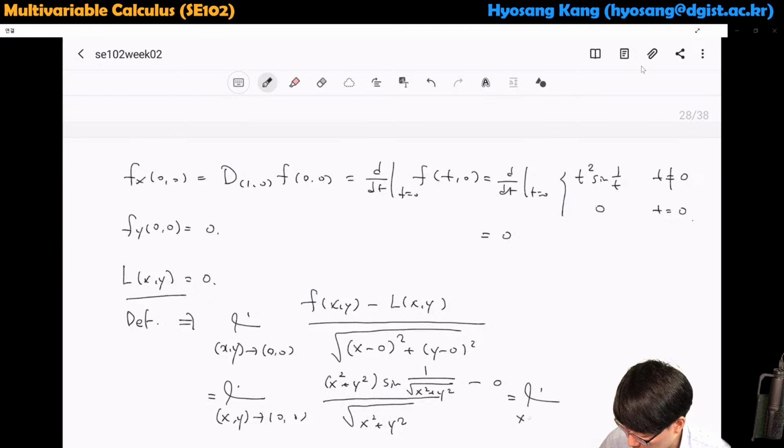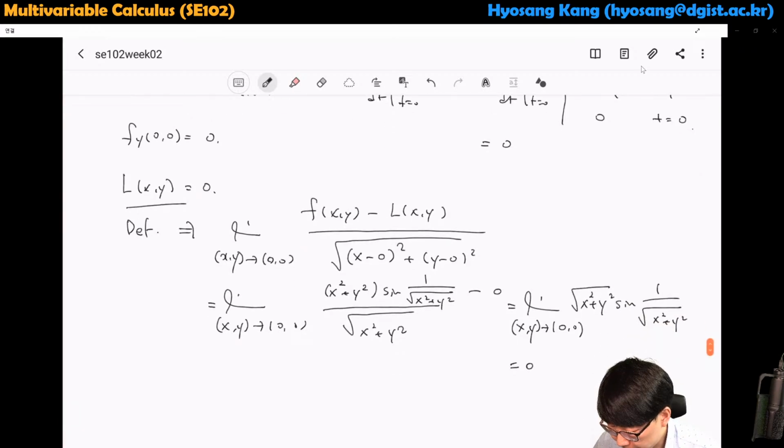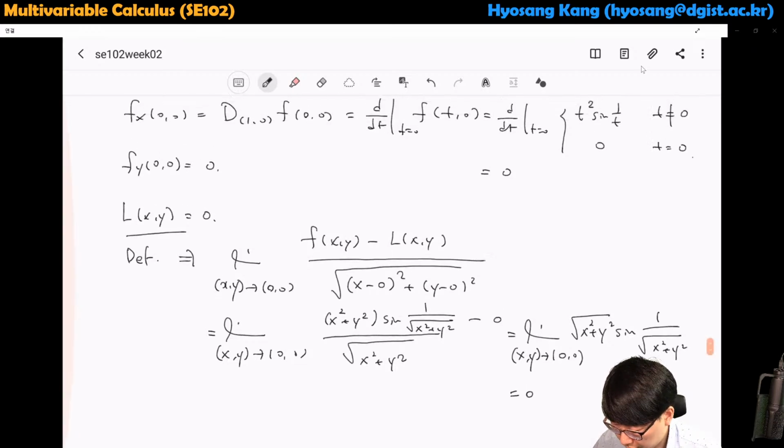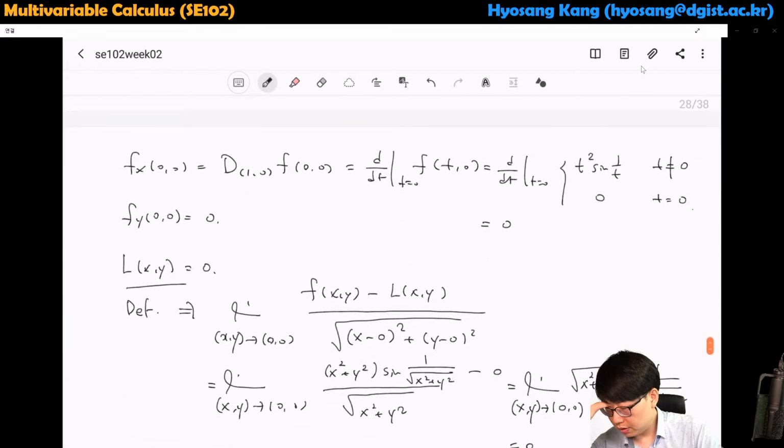So the limit as (x,y) goes to (0,0) is 0. Well, that's 0, so we merely showed that this function is differentiable. I want a function which is not differentiable but still has the linear approximation. So what's wrong here?